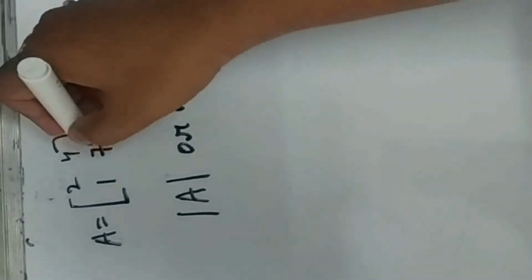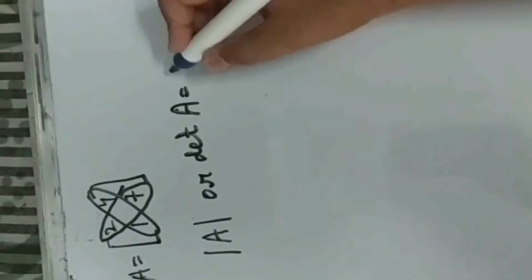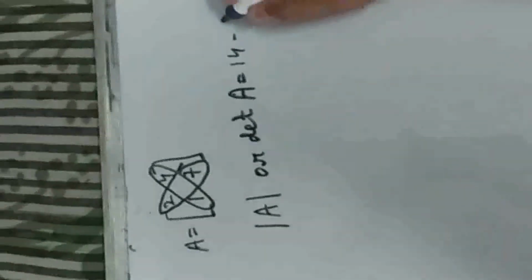It is the difference of cross multiplication for 2 into 2. So it is 14 minus 4, that is 10.